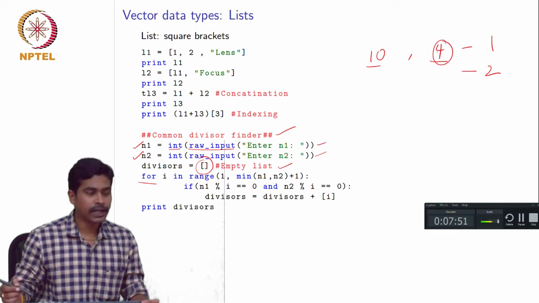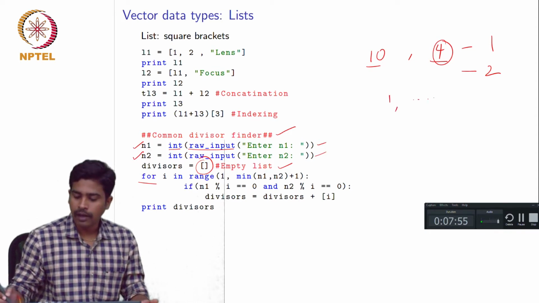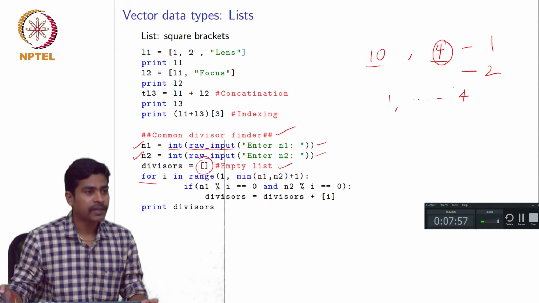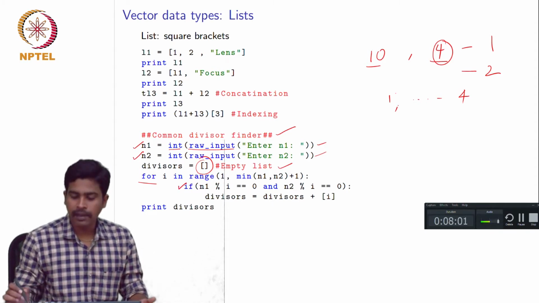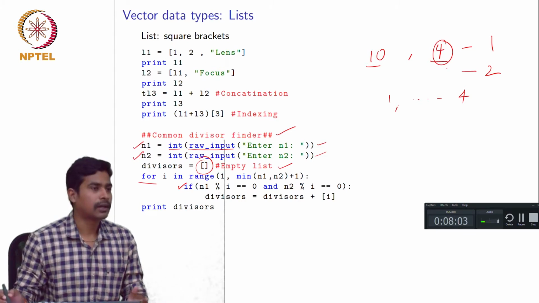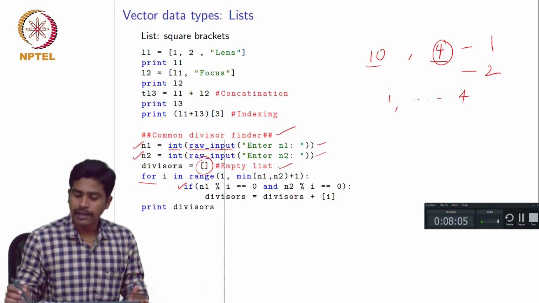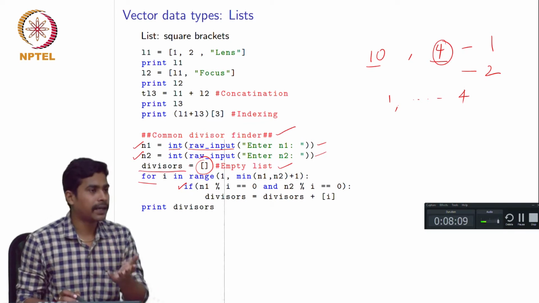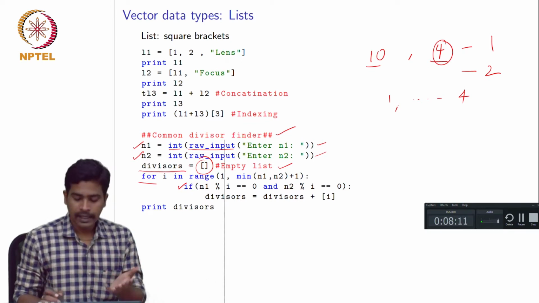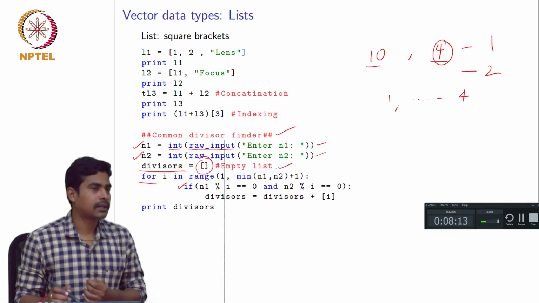So what we are doing here is taking the numbers from 1 all the way to the smallest number, and using an if statement to see if the number divides both numbers or not. If the number divides both numbers, we append that number to the divisors list. If it does not, we go to the next number in the for loop.